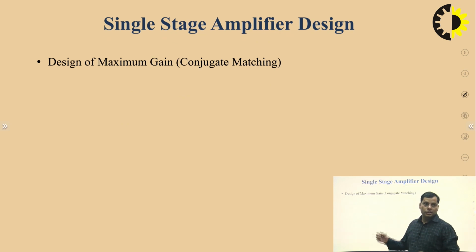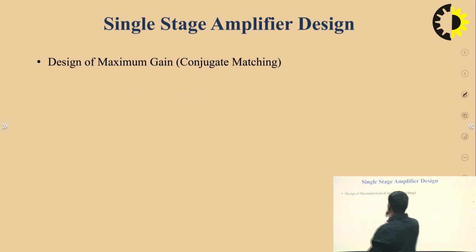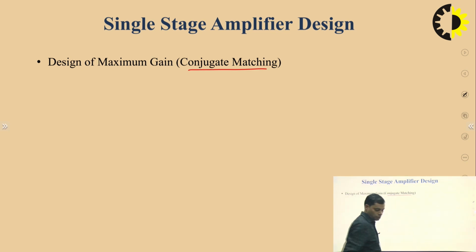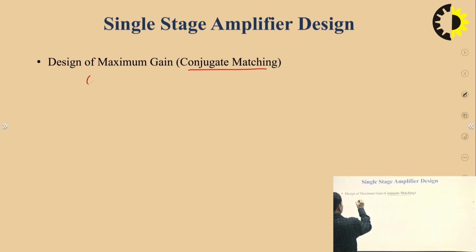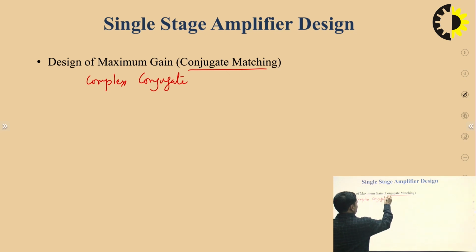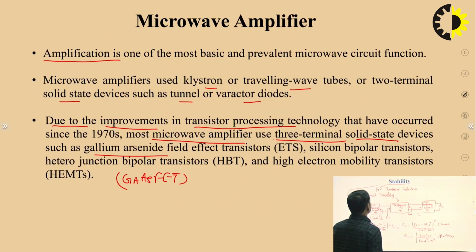In this I have chosen the first topic, the design of maximum gain using the complex conjugate matching method. How will this matching be provided?